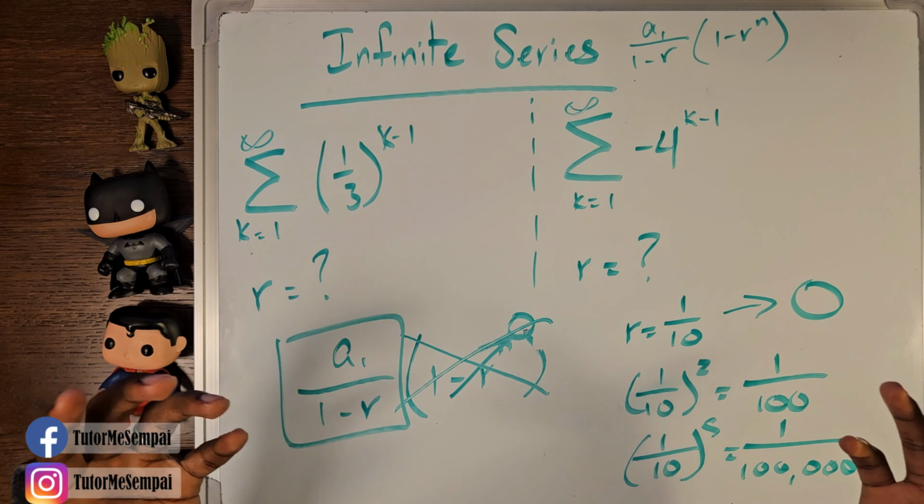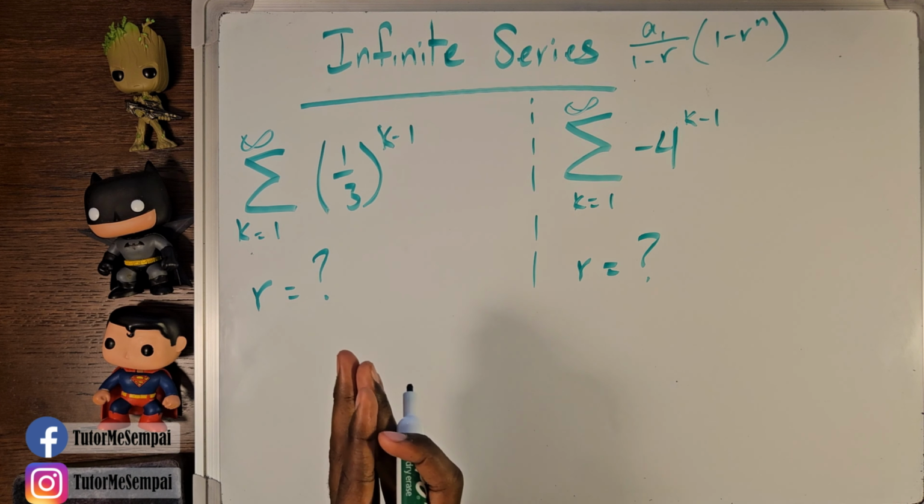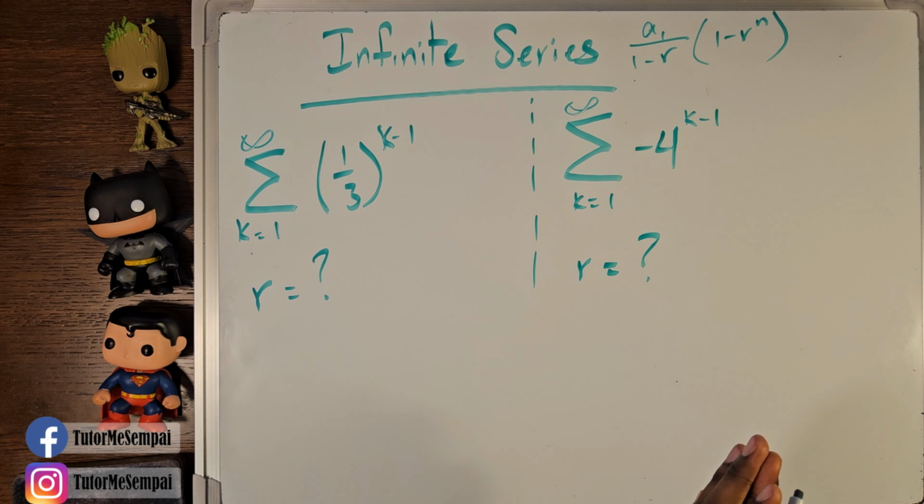Which r's fit that bill? Well, if your r is between 0 and 1, it's going to work. And if your r is between -1 and 0, it's going to work. But anything outside of that is not going to work and is going to give you an infinite series that diverges.